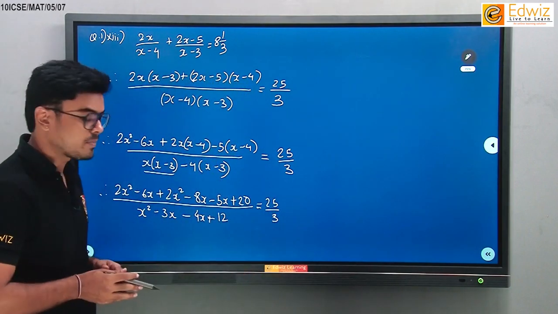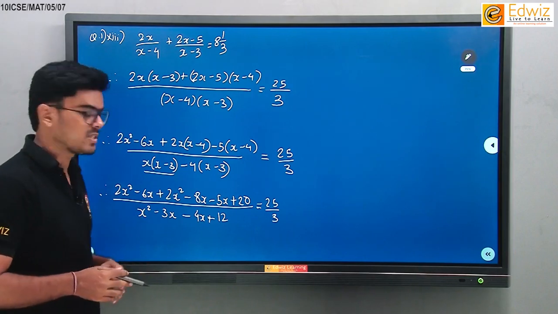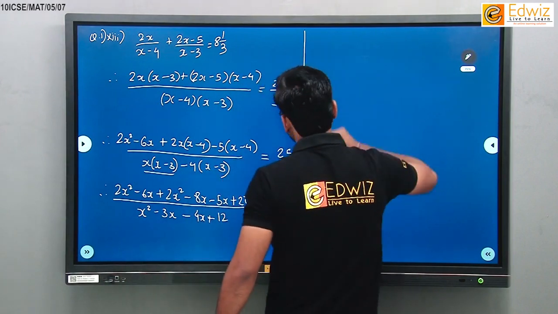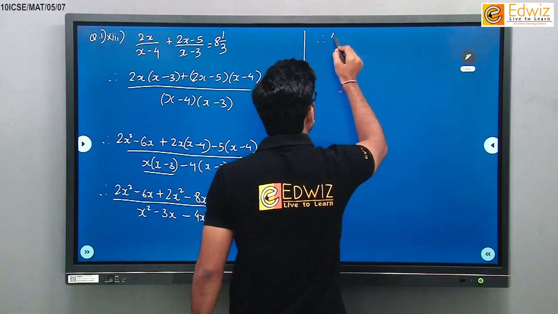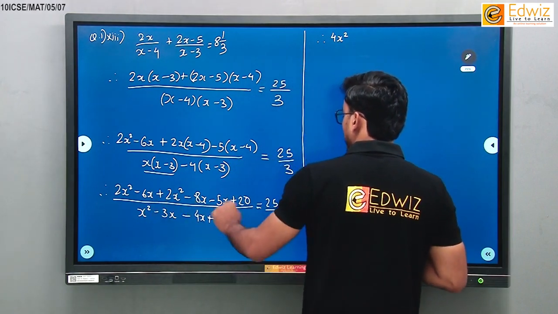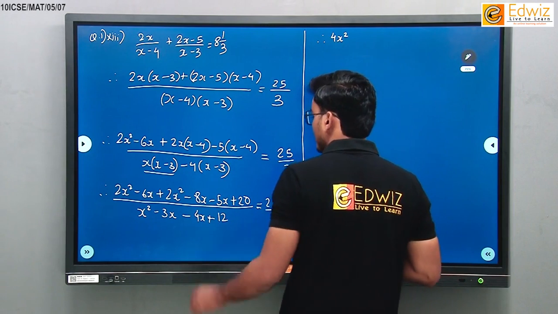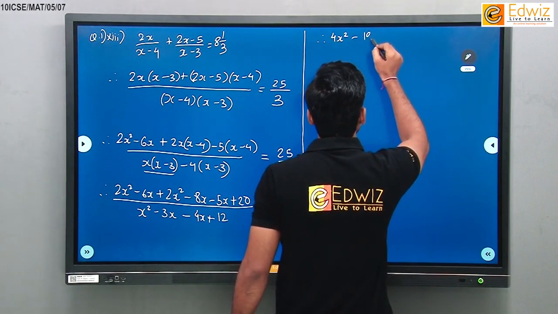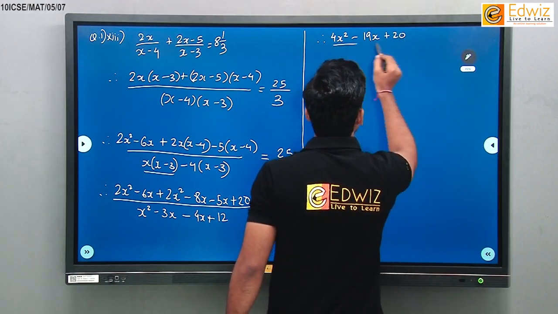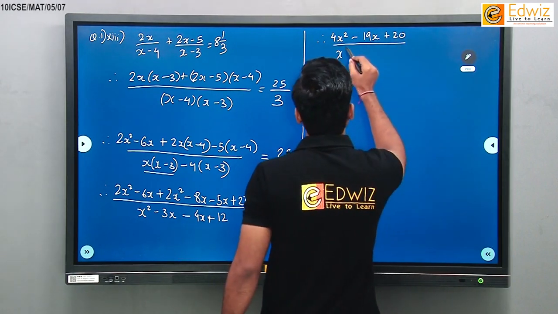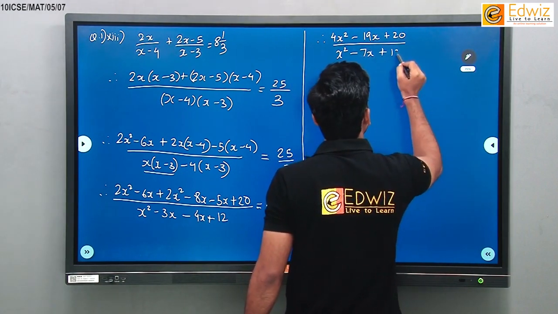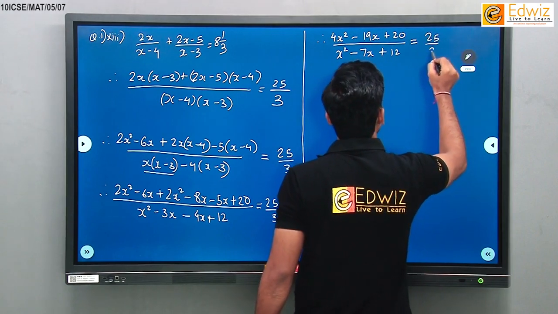It can be further simplified, as there are like terms. 2x square plus 2x square will be 4x square. In the numerator we have 4x square, then minus 6x, minus 8x and minus 5x. All three get added, so you will get minus 19x and plus 20 as it is, divided by x square minus 7x plus 12 equal to 25 divided by 3.